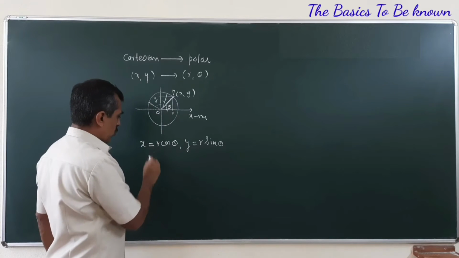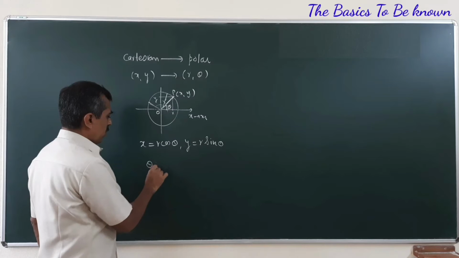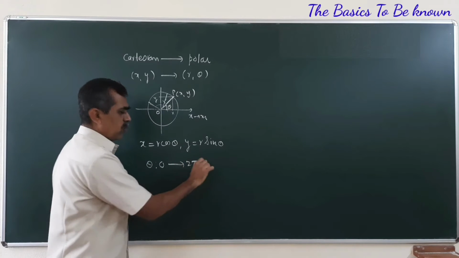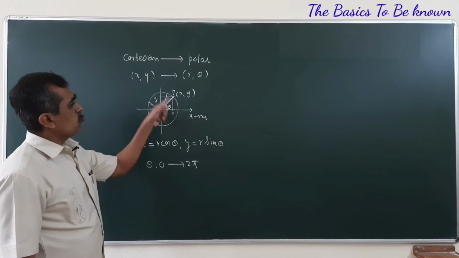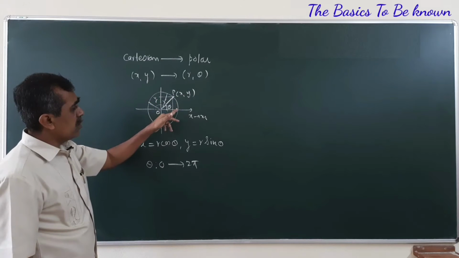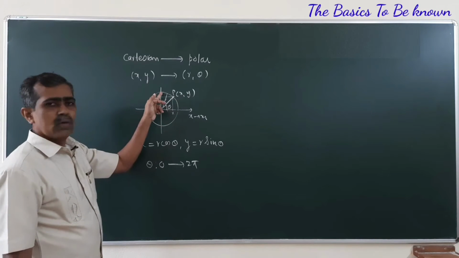For the whole circle, theta varies from 0 to 2 pi. If theta moves in the first quadrant only, then theta is 0 to pi by 2.